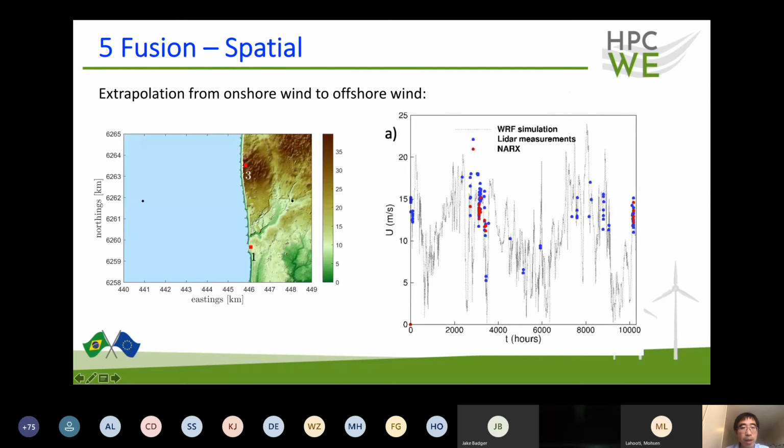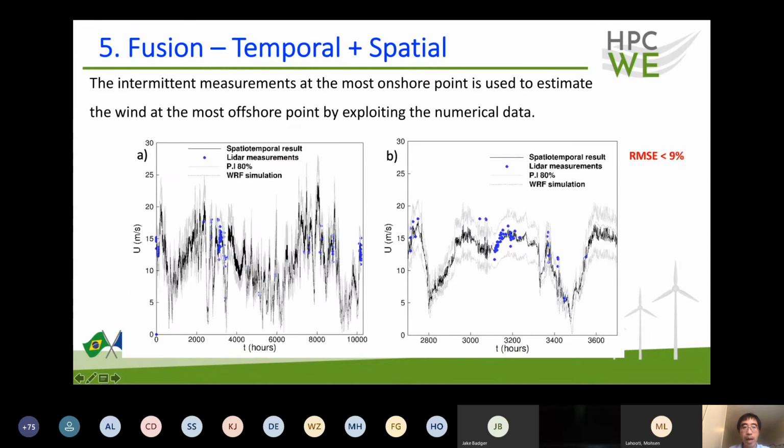So here is the spatial fusion. The purpose here is to project our onshore measurement at such points, onshore points to the offshore point. And here is our brief result. And then we can combine the temporal and the spatial steps together. And here we can say that this is our overall result.